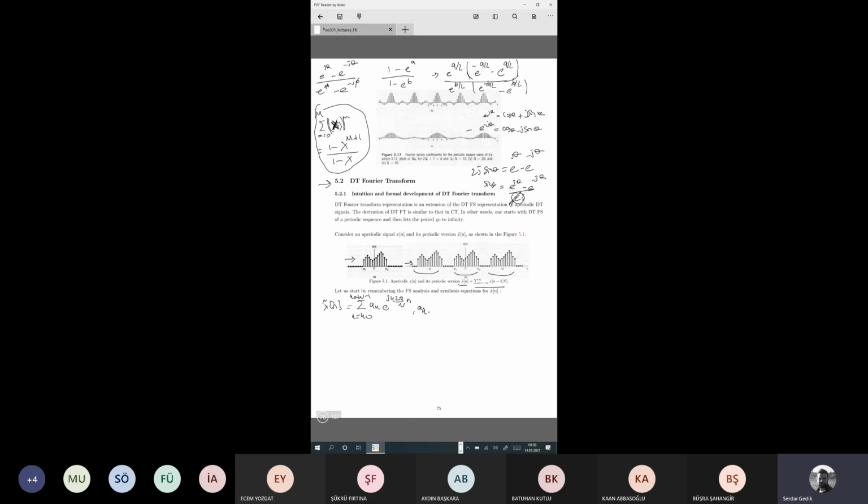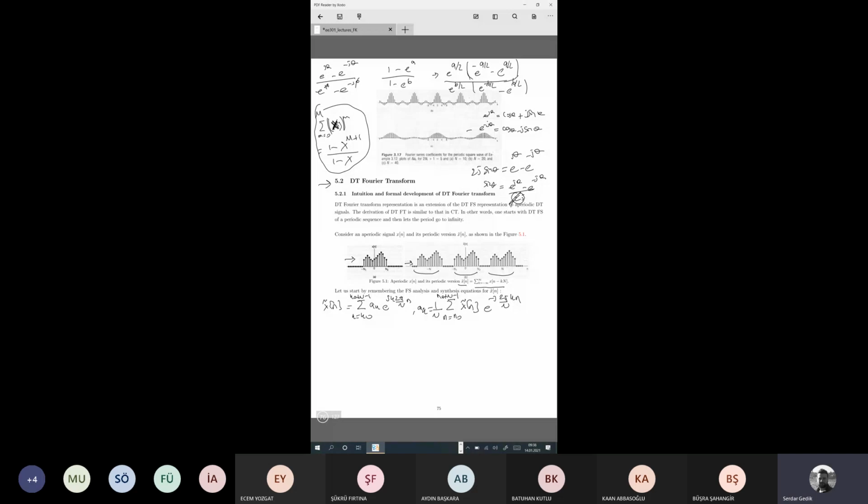So a k is obtained as, remember from previous week, summation n from some, let's say, n0 to n0 plus N minus 1, x tilde of n e to the power minus j 2 pi over capital N kn. So this is my case.